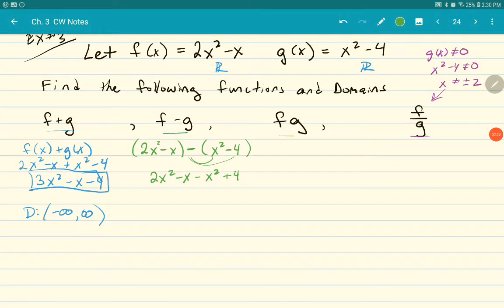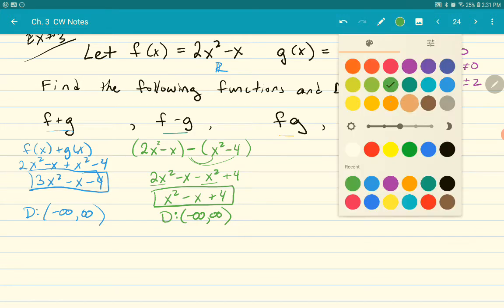And now I can combine like terms. 2x squared minus x squared gives me x squared minus x plus 4. And that is my final difference. And the domain, as expected, is no restrictions. So that's all real numbers, or that in interval notation.